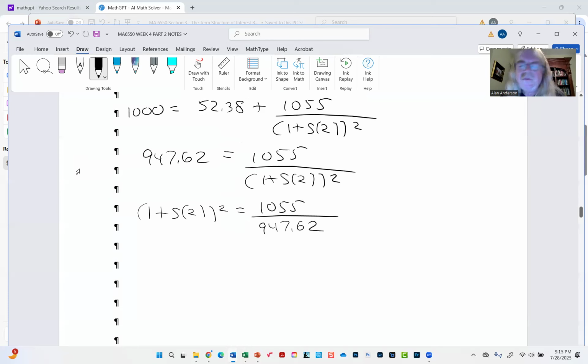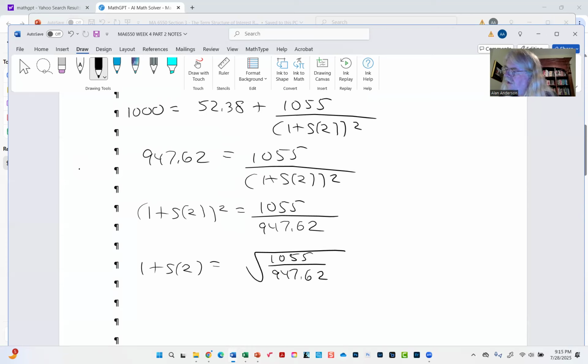Let's take the square root. And then subtract 1.